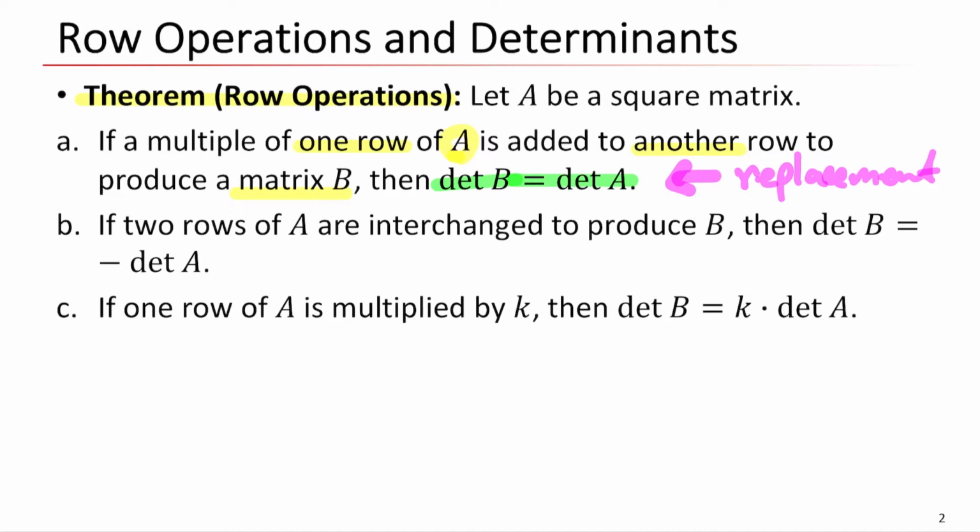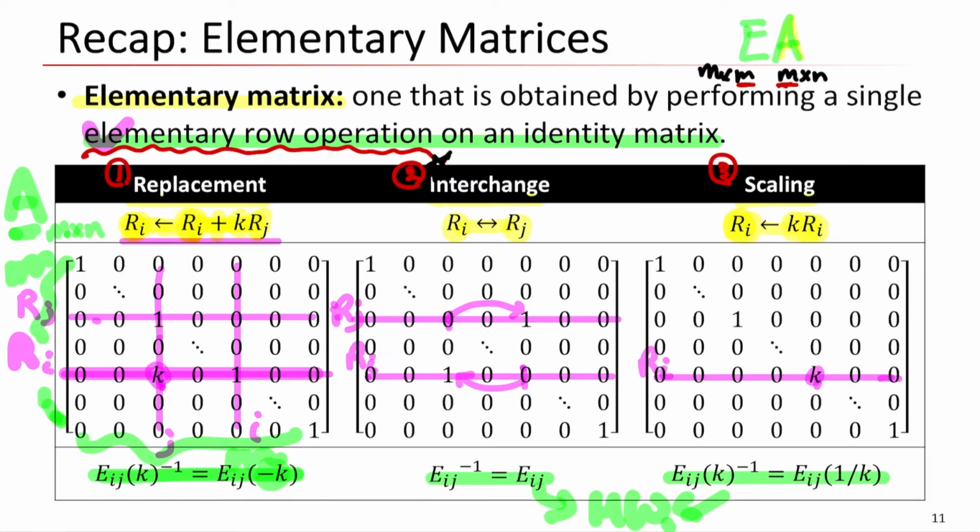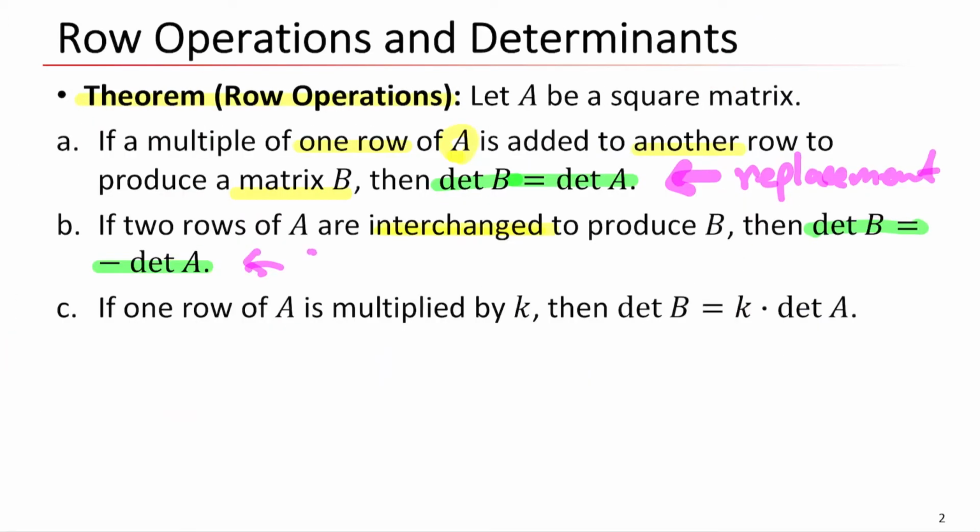The second theorem is that if two rows of matrix A are interchanged to produce B, then the determinant of B is equal to the negative determinant of A. This is the interchange, right?